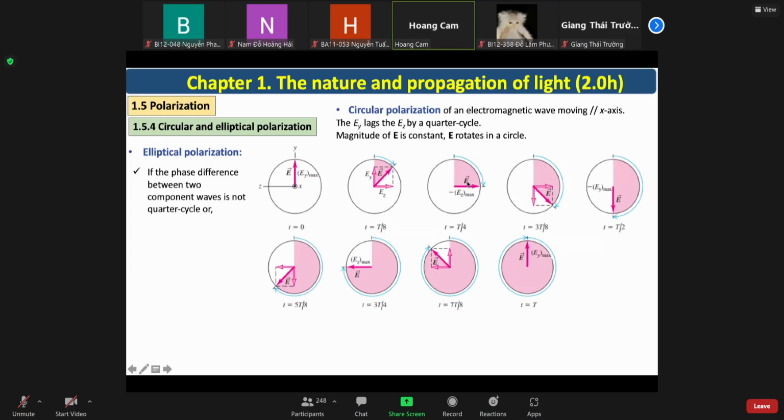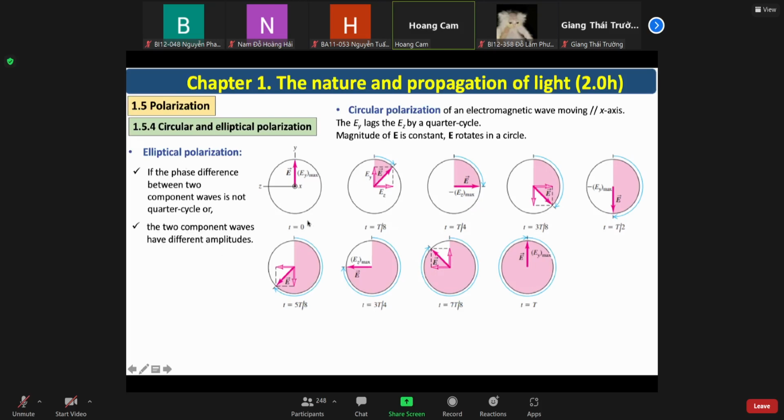Here we had a 90 degree, or pi over 2 radian, phase difference, but if it is like 45 degrees or pi over 4, for example, then the resultant wave vector will not rotate in a circle anymore.